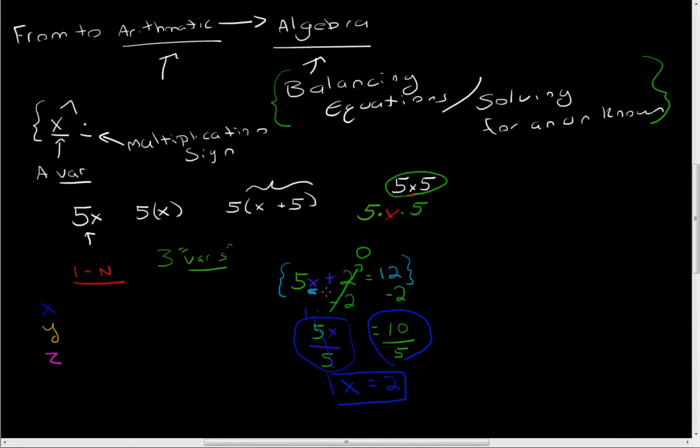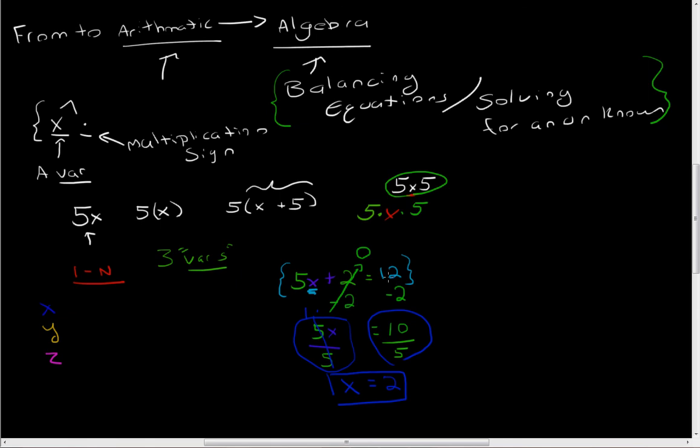Notice how the values in here did not change. Nothing changed. When it came to solving for this unknown, we had to keep the equation balanced and solve for this unknown variable x. We didn't know what x equaled to begin with.